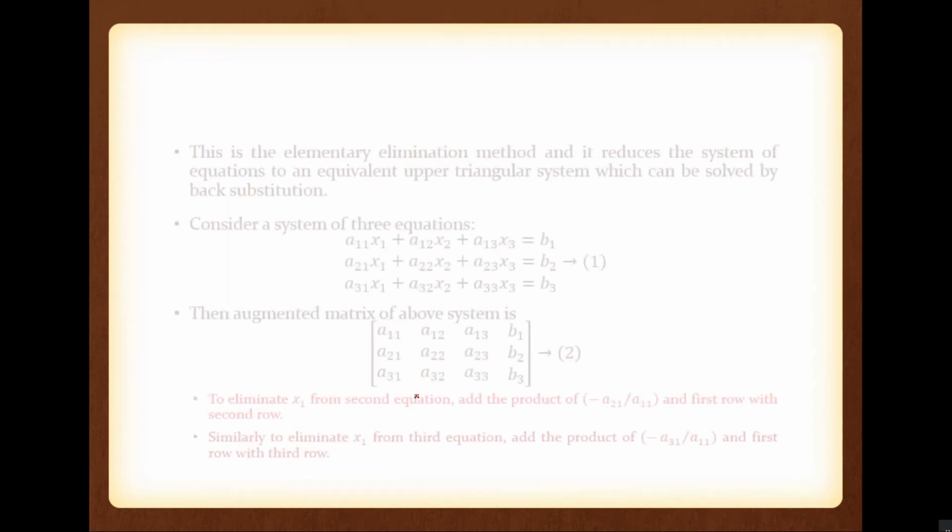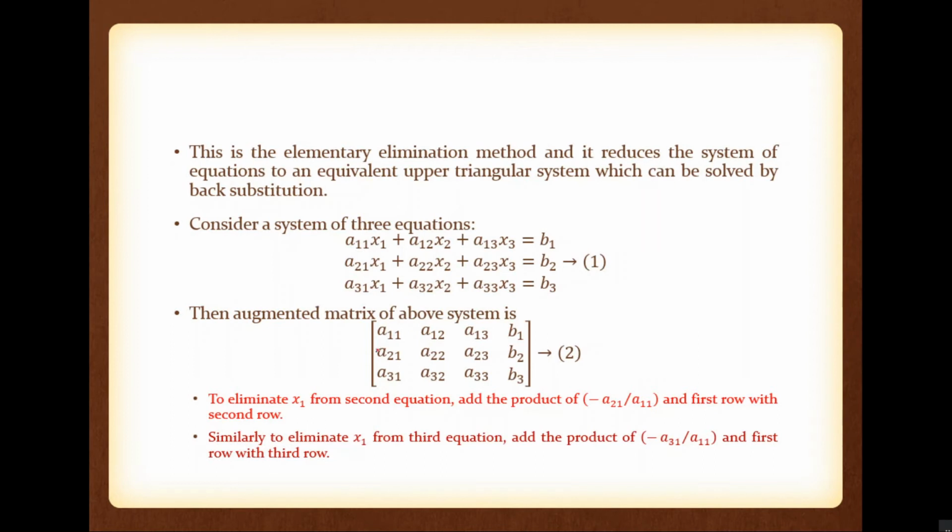Okay, so first elimination. So we are going to start the first elimination. So please note this augmented matrix for your reference: A11, A12, A13, B1, A21, A22, A23, B2, A31, A32, A33, B3.